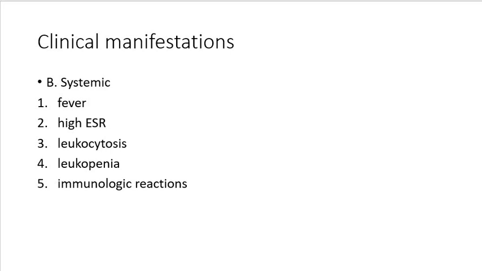And lastly, we have immunologic reactions, where you will find acute phase reactants. You've heard about this in physiology: the C-reactive protein, complements, secondary systemic amyloidosis of chronic inflammation, SAA, and fibrinogen.